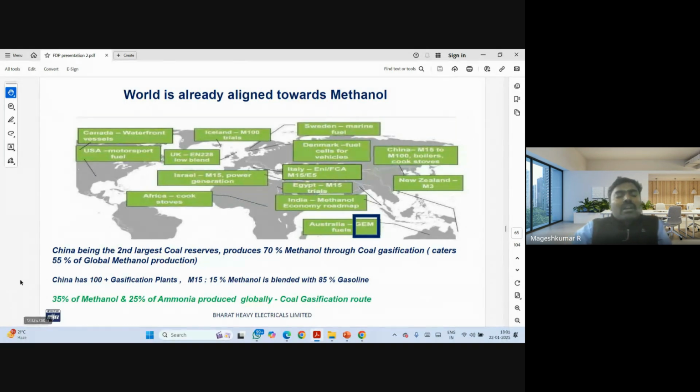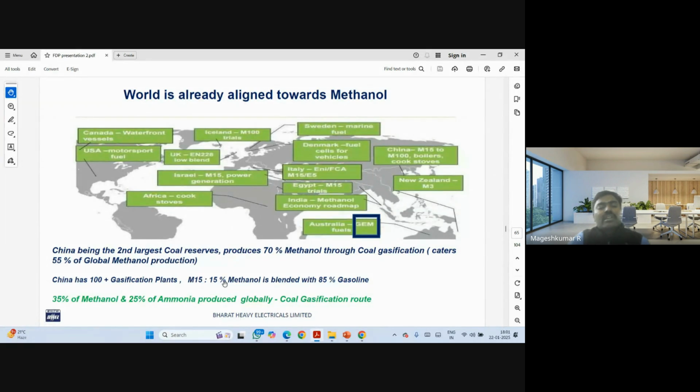Globally, whatever they produce is 70%. At times they are catering almost 55% of global methanol production. They have more than 100 gasification plants. They are way ahead of us with respect to gasification plants.